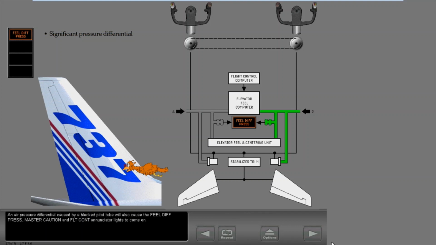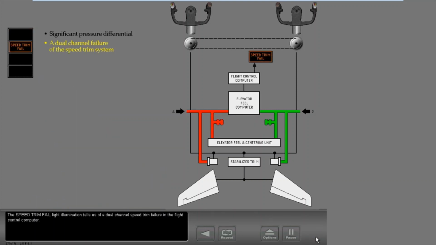An air pressure differential caused by a blocked pitot tube will also cause the feel differential pressure, master caution, and flight control's annunciator lights to come on. The speed trim fail light illumination tells us of a dual-channel speed trim failure in the flight control computer.